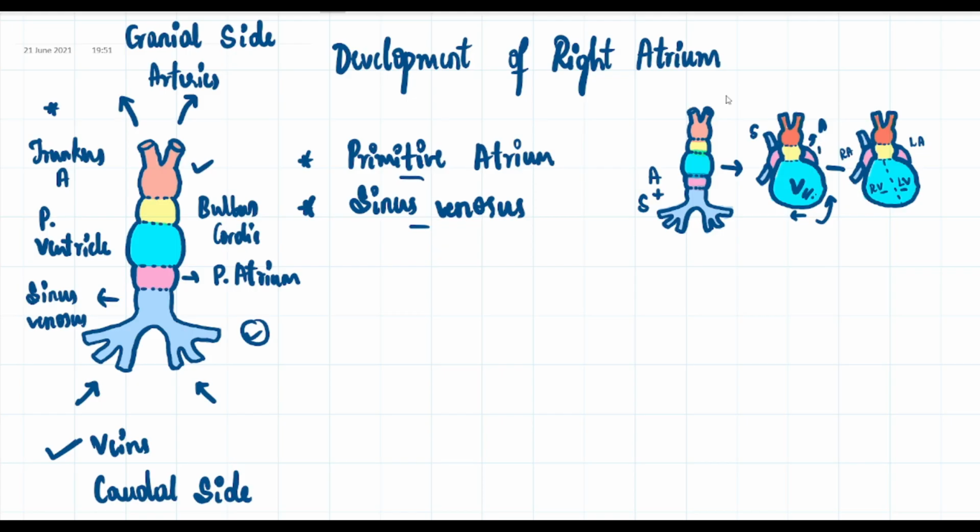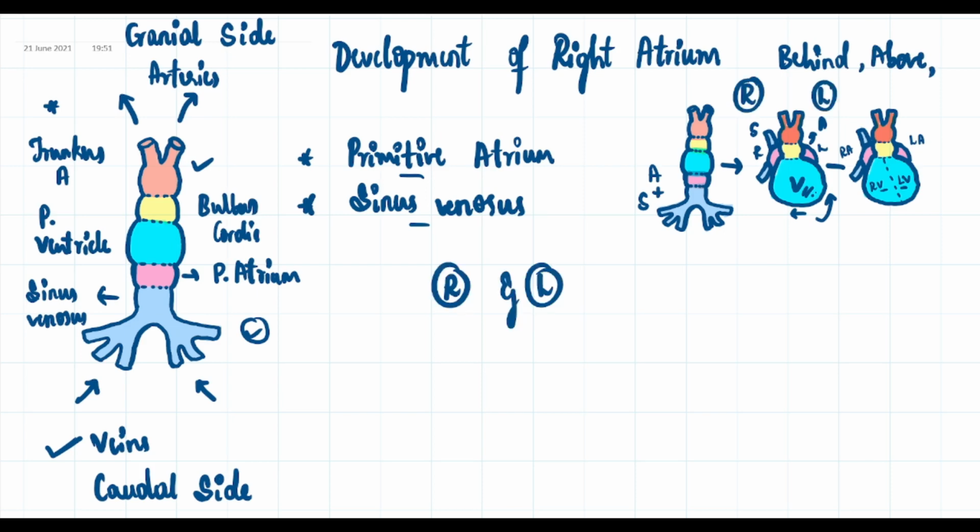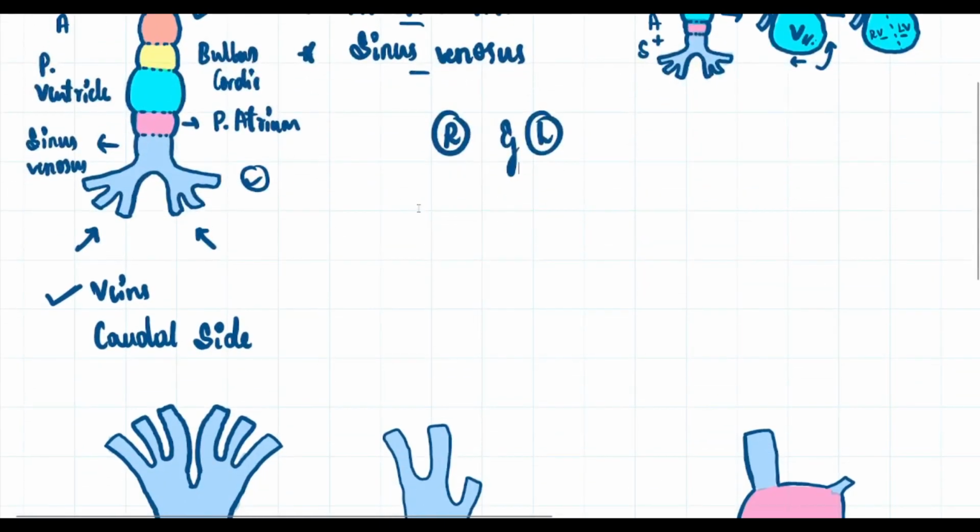This is the left atrium, this is the right atrium. The right atrium is present behind, above and to the right side. Behind means behind the right ventricle, this one, and above the right ventricle, and the left primitive atrium. That is the simple one. I will discuss the right primitive atrium and its development.